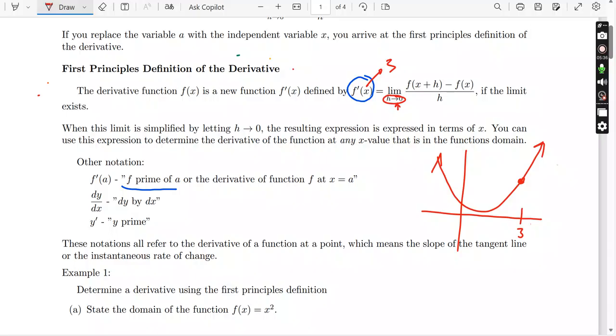Okay. Now, in terms of notation, there are a couple ways you'll see this, and I'm sure many of you have seen this before in textbooks or any kind of calculus work.